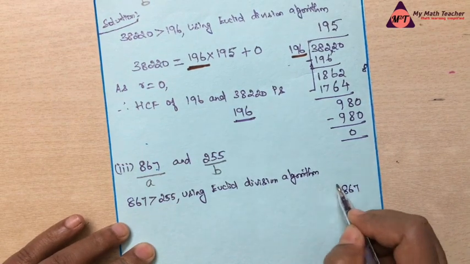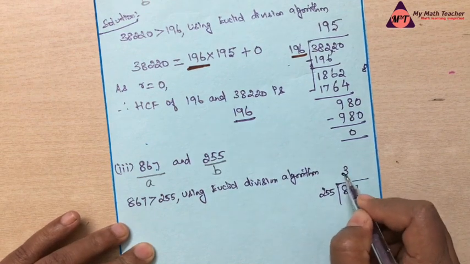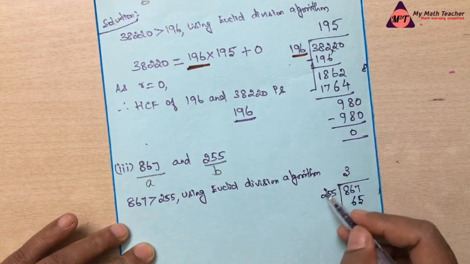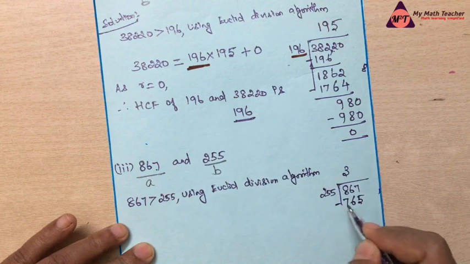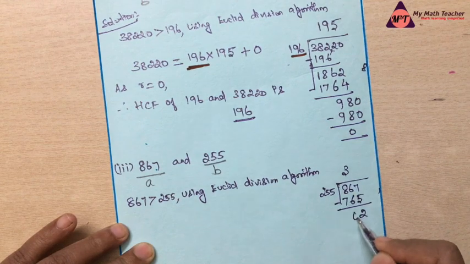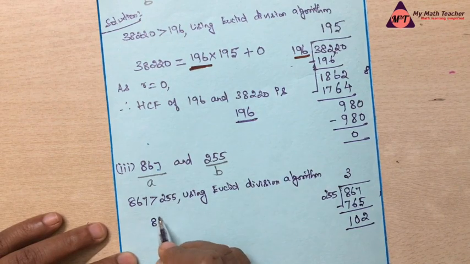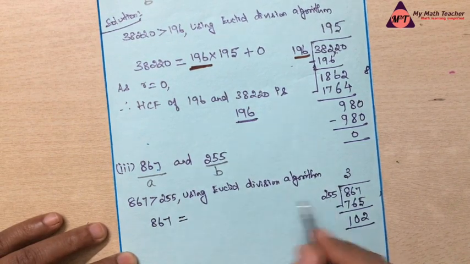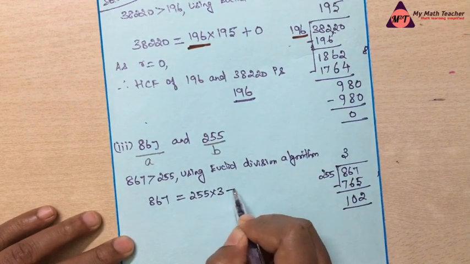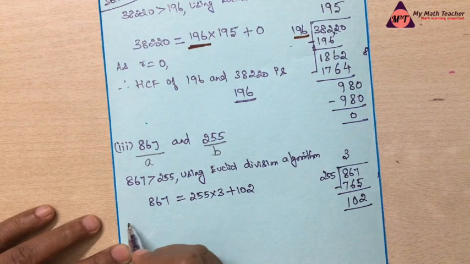So 867 is divided by 255, round it off to 250, that means 3 times, 750. Subtract it. The answer is 102. Now 867, that is the dividend, is equal to divisor 255 multiplied by the quotient. What is the quotient? 3 plus the remainder 102. So it's very obvious that R is not equal to 0.